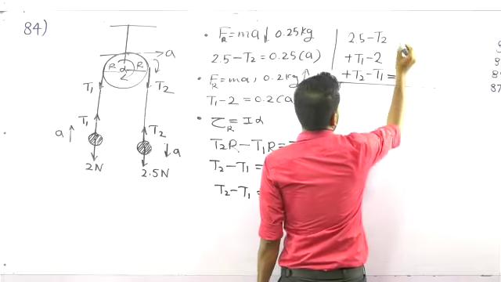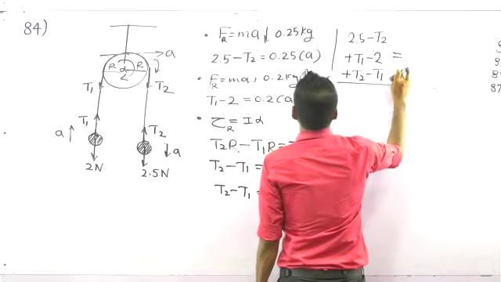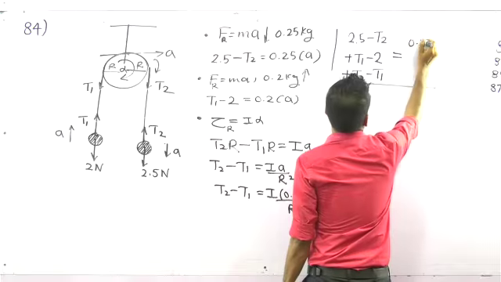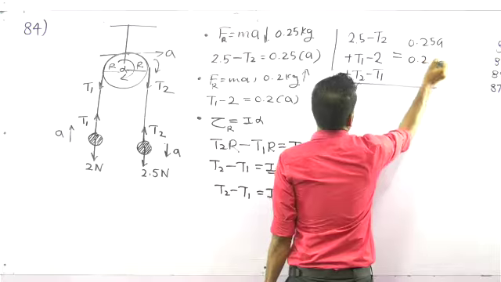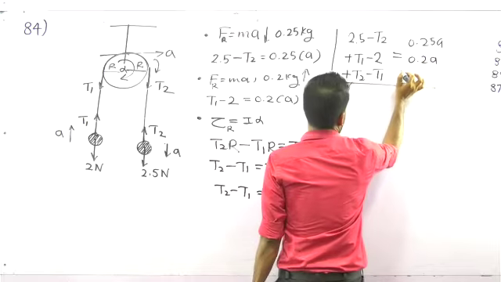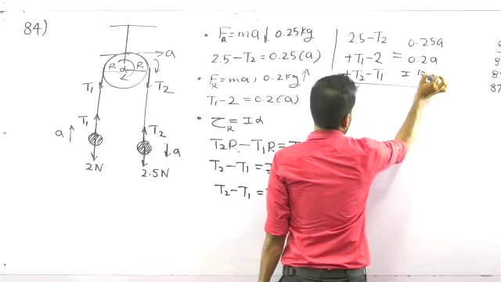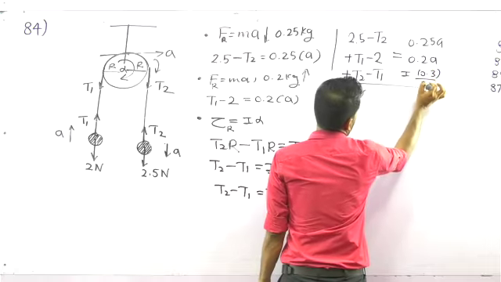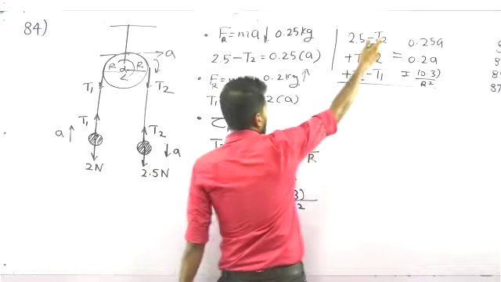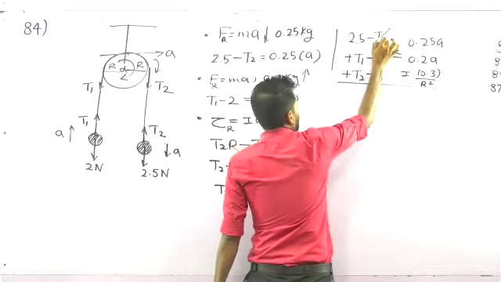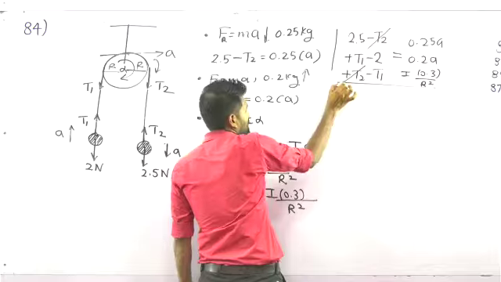In the right side, what I have? 0.25a, 0.2a, I times 0.3 over R square. I'm adding them. When I add the left side, minus T2 will cancel off with the plus T2.